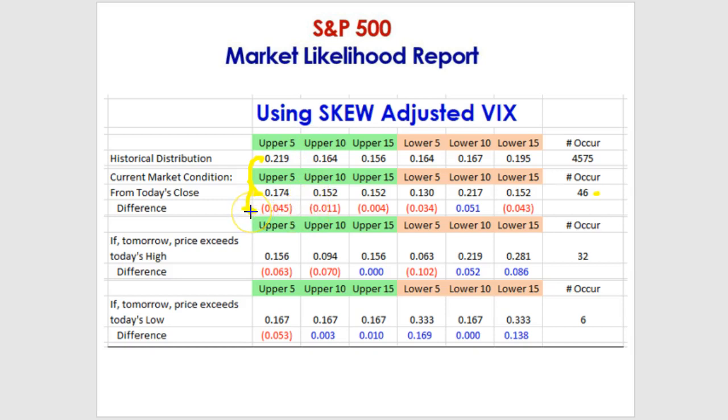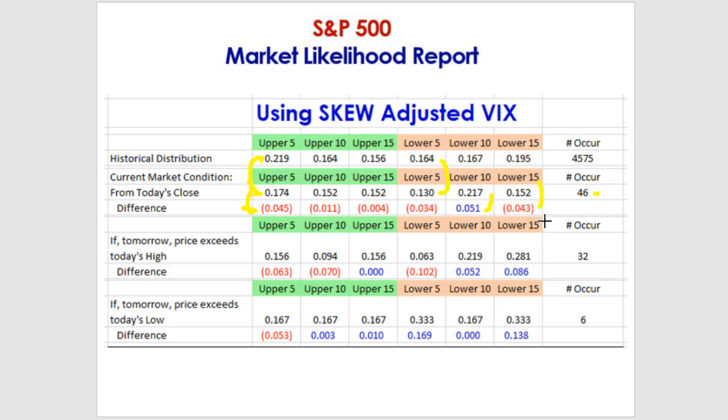It struck those bands less often on the upside. On the lower bands, it struck the lower 5-day band less often by about 3.5%. It struck the lower 10-day band more often by quite a bit, by 5%. Struck the lower 15 less often. Altogether, we have a picture of lower market volatility altogether here when you add it all up.